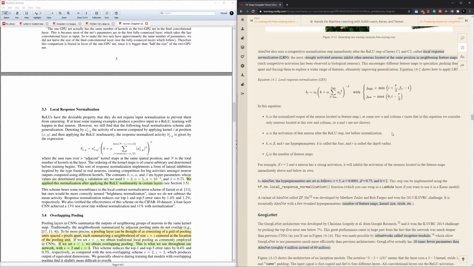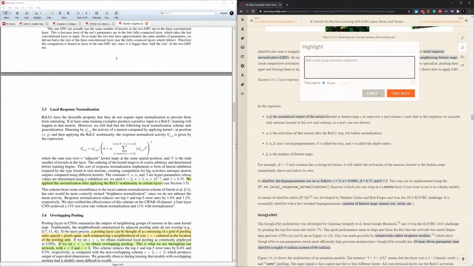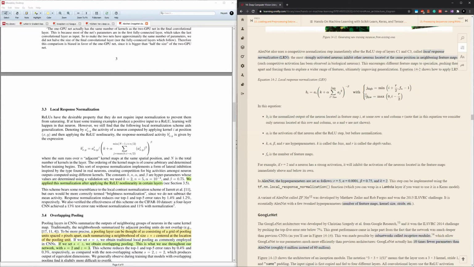These are the hyperparameters. If I go into the depth, this is the normalized output of the neuron located here in the feature map i at row u and column v, and a_i is the activation after the ReLU step.